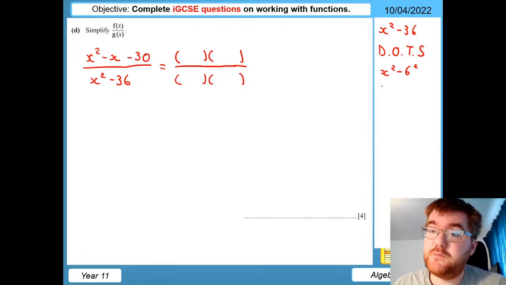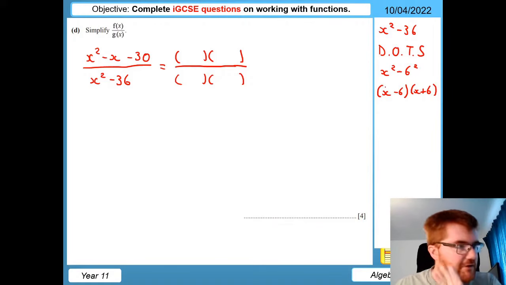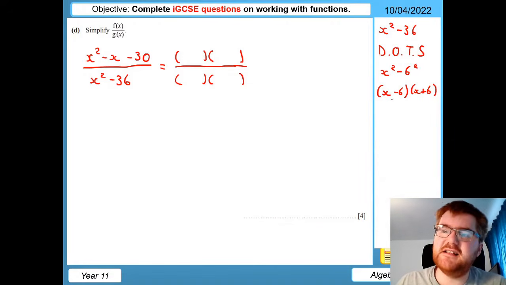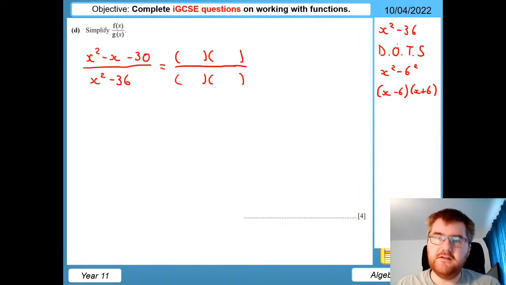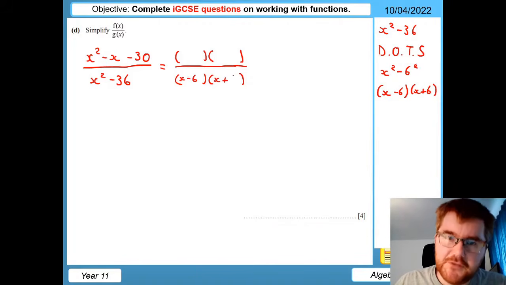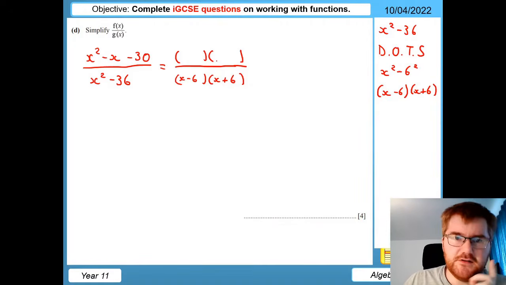We can put this into brackets of x minus 6, x plus 6. If you don't believe that, you can always go through FOIL and check the expansion. The key thing is that the plus 6x and the minus 6x cancel, and this is why there is no middle term. This is a factorization you need to recognize, particularly on paper 2 questions. This is actually a paper 4 question, but it's useful to do.